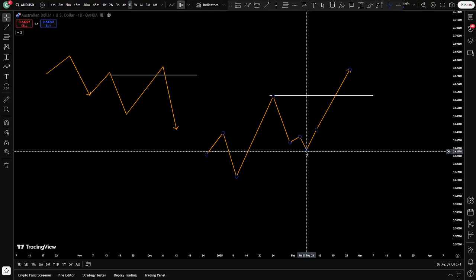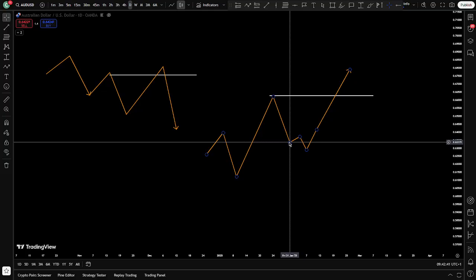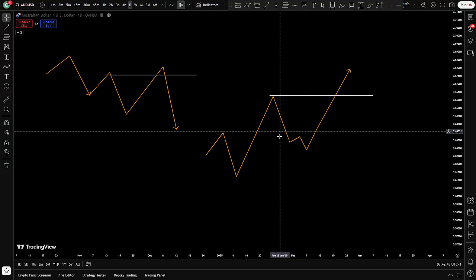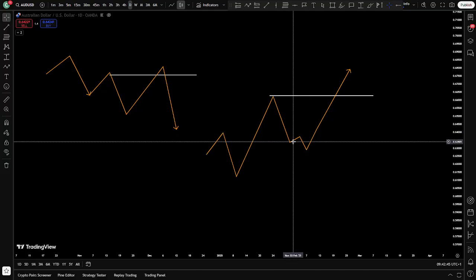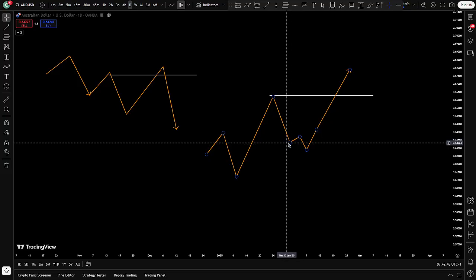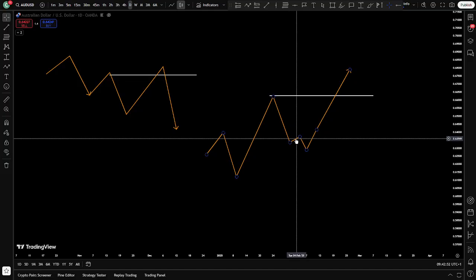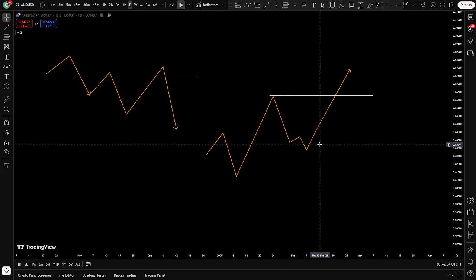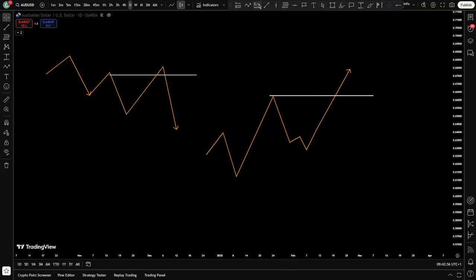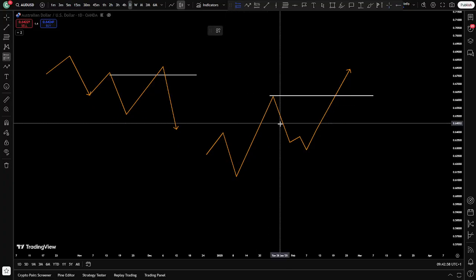If the answer is yes, then our low is our refinement. When I say low, I'm talking about swing low. So you can pick anywhere from that swing low to the high of that swing low as your entry.